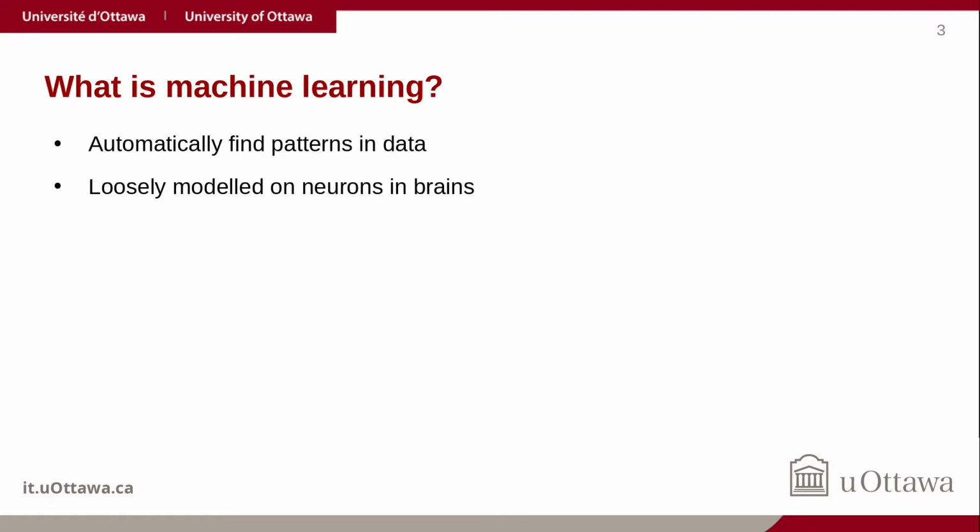So what is machine learning exactly? Machine learning can be a lot of different things, but ultimately it's about finding patterns in data, in the same way that animals or humans would recognize things. So it's based on the brain basically.